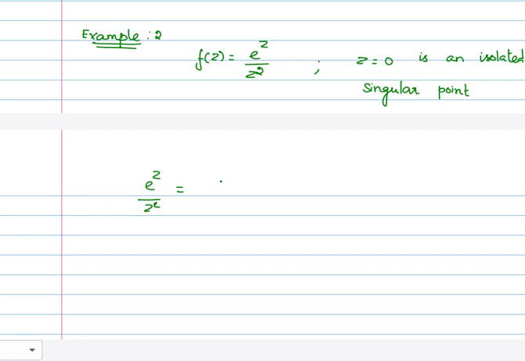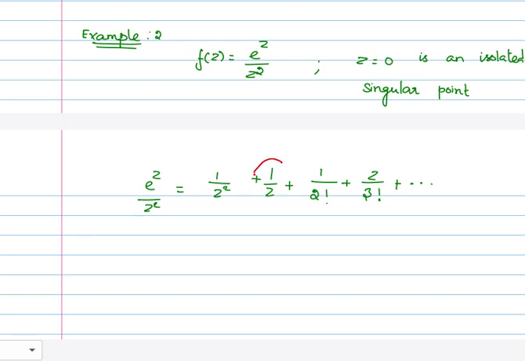I will get it as 1 over z square plus 1 over z plus 1 over 2 factorial plus z divided by 3 factorial, and so on. So clearly the coefficient of 1 over z is 1.